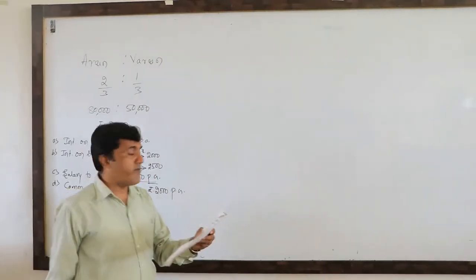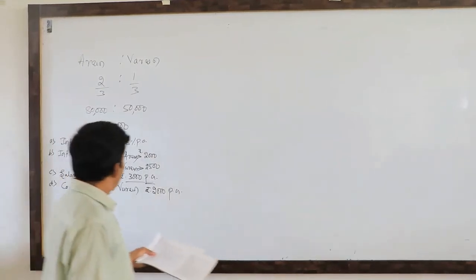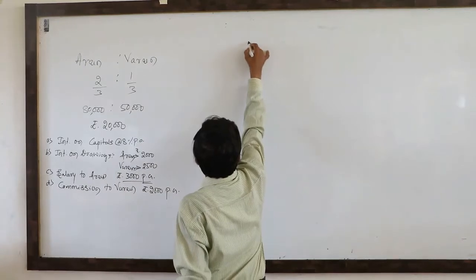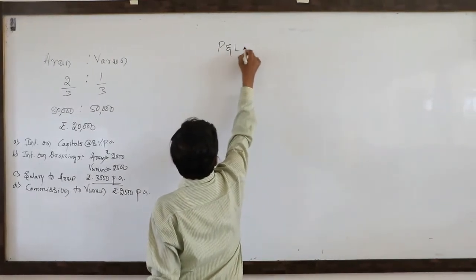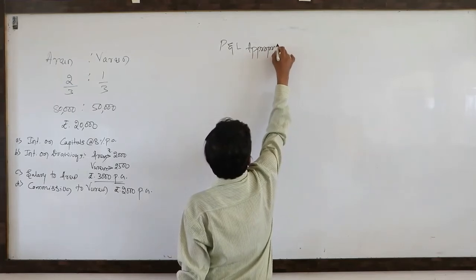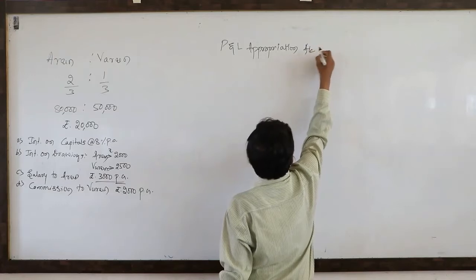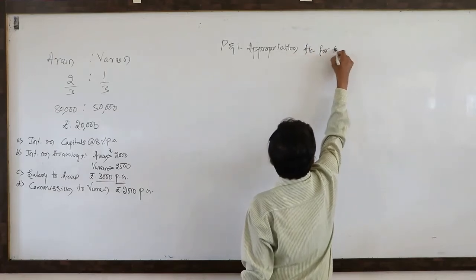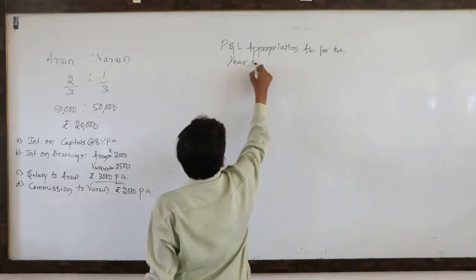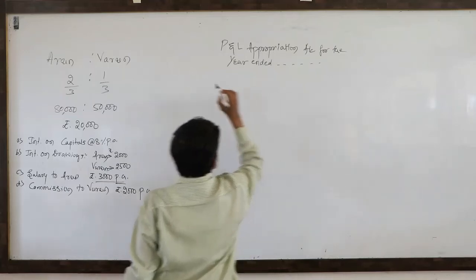In this problem, they did not mention the opening date or closing date, so no need to worry. I am going to solve the profit and loss appropriation account for the year ended dash.